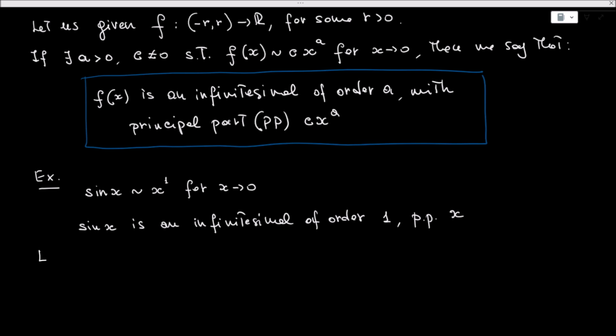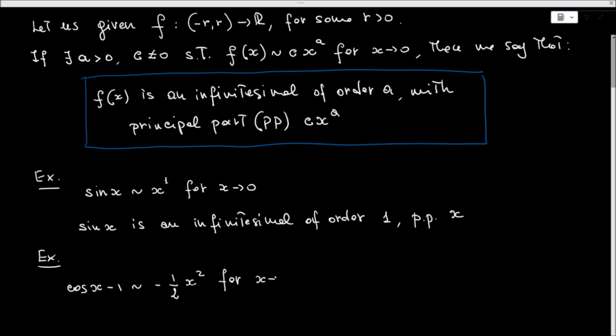Let's give another example. Let's take now the cosine of x minus 1. You see, I'm not considering cosine of x because cosine of x tends to 1 when x goes to 0. I need a function that tends to 0. And in fact, cosine of x minus 1 tends to 0 for x that goes to 0. And again, using the asymptotic expansions, we know that this is equivalent to minus 1/2 x squared for x that goes to 0.